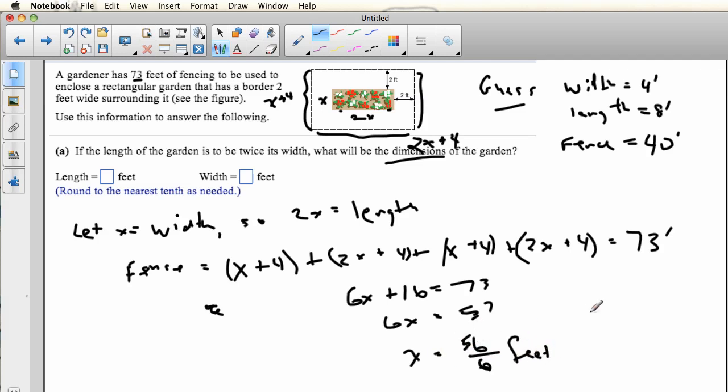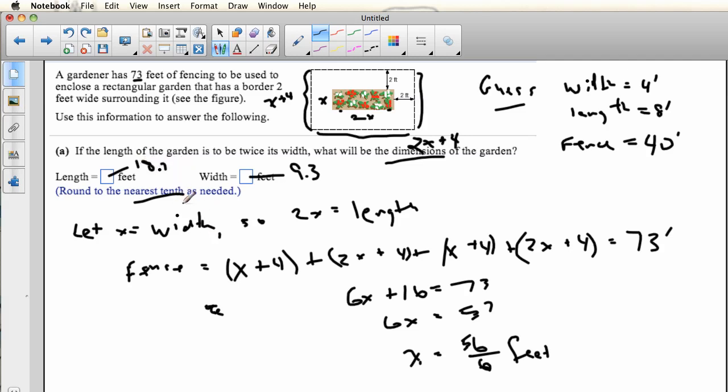That's like 9 1/3 feet. They tell me to round to the nearest tenth, so I guess that's going to be 9.3 there. And then over here, my length should be twice that, so if you double it, you'll have 18.7, I think, for the length.